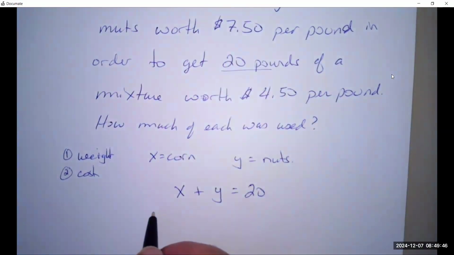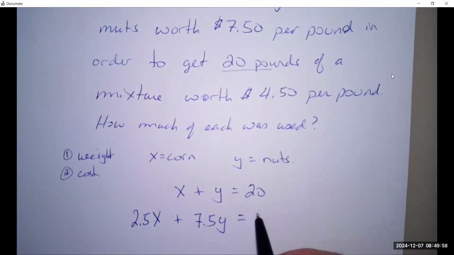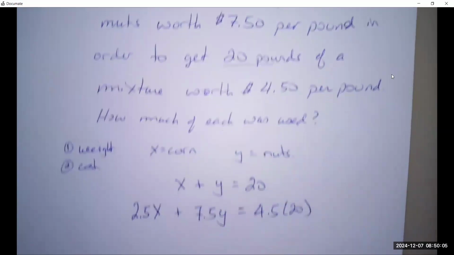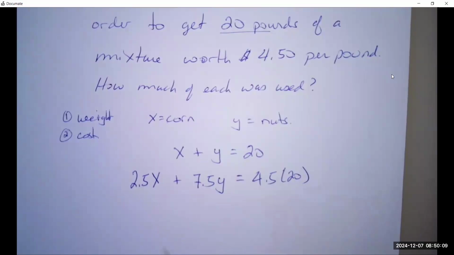We know we take x number of corn that cost $2.50 and we add it to $7.50 of the y amount, then we get $4.50 of this 20-pound amount. So $2.50 of this much plus $7.50 of this much gives us 20 pounds that cost this much.